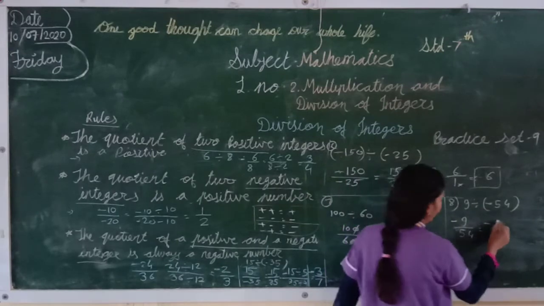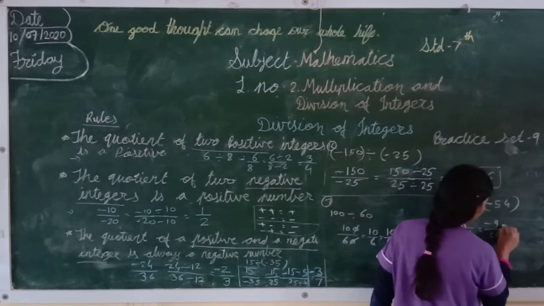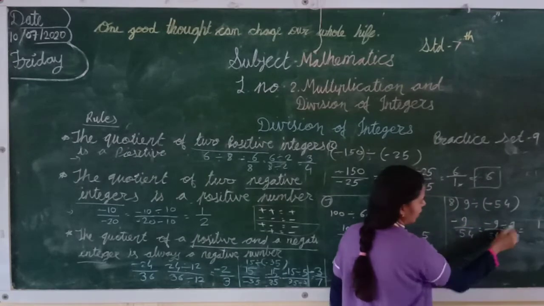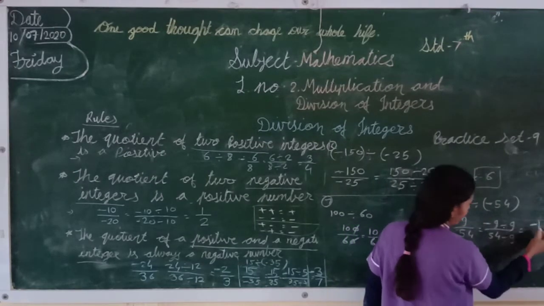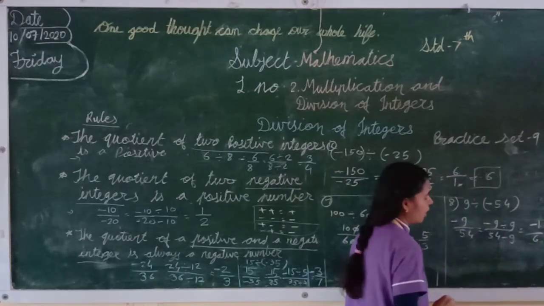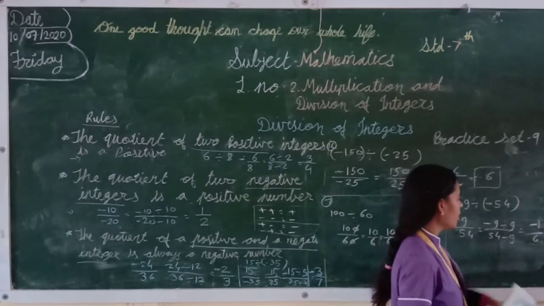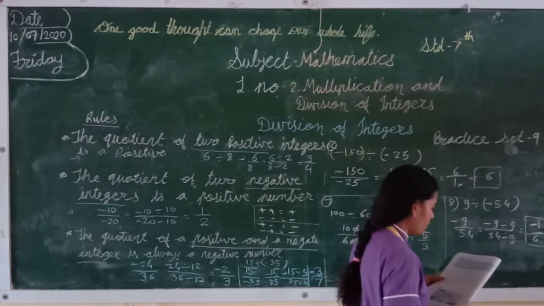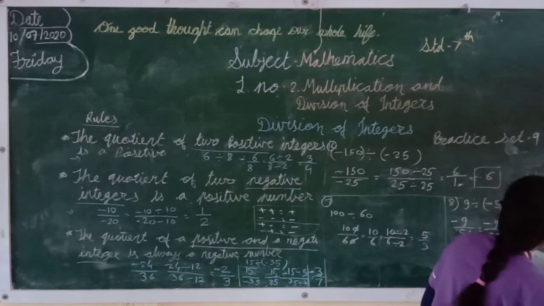So we will divide by 9. 9 ones are 9. This minus will come here. And 9 6s are 54. So our answer is minus 1 upon 6. This is our answer. I hope students you understood.